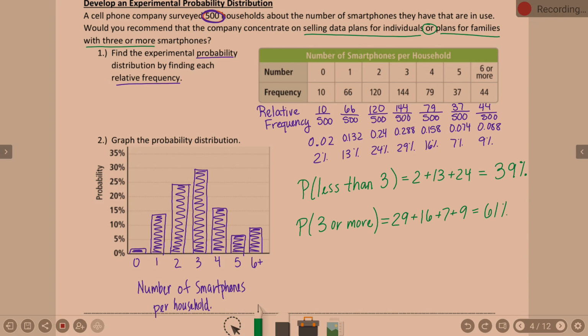Okay. With that in mind, what's my data supporting? Data is supporting that where's your best marketing going to be? Those family plans. Okay, so family plans, since 61% of the households have 3 or more smartphones.